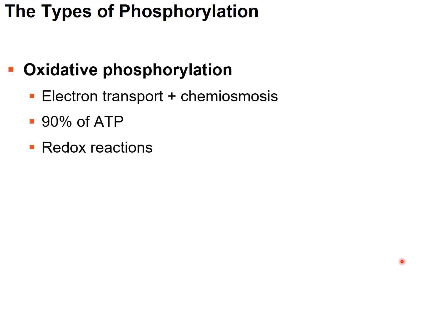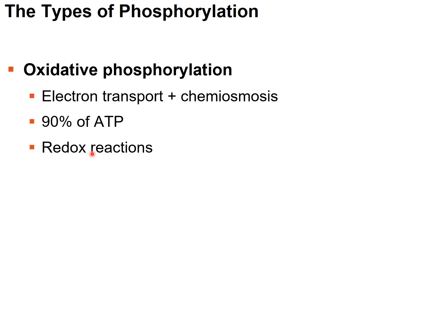So there's oxidative phosphorylation. Like I said, that's the final step in aerobic respiration. This is where the majority of the ATP is made, specifically about 90% of the ATP. It consists of a ton of redox reactions. The rest of the steps in the pathway involve redox reactions as well, but again, this is the general trend here.